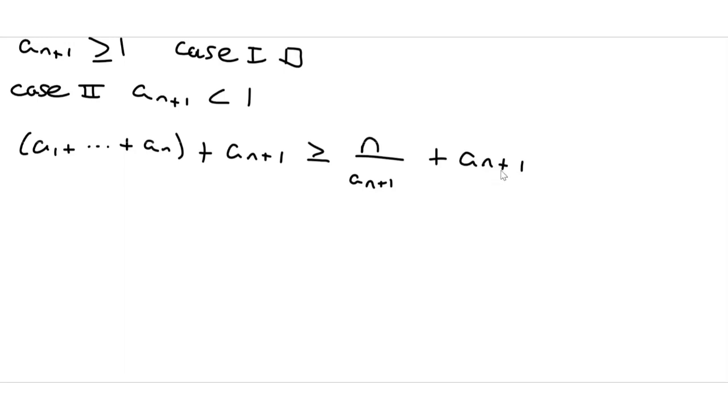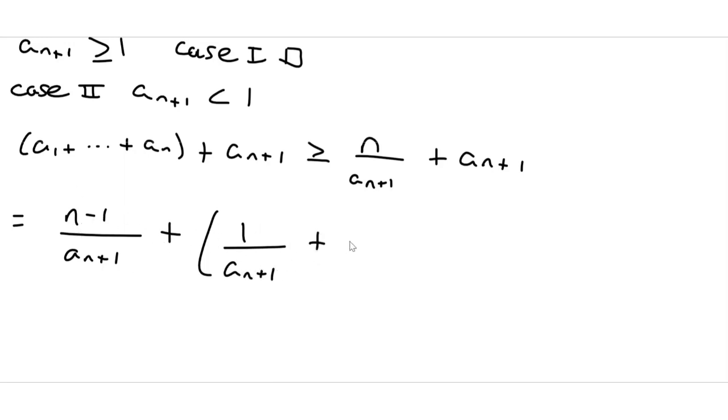and then this part here on the right hand side is equal to, and this is a little trick we use sometimes, where we add on a term and then subtract it. So we've added on another 1 over an plus 1, that means we get an n minus 1 here, plus n plus 1.